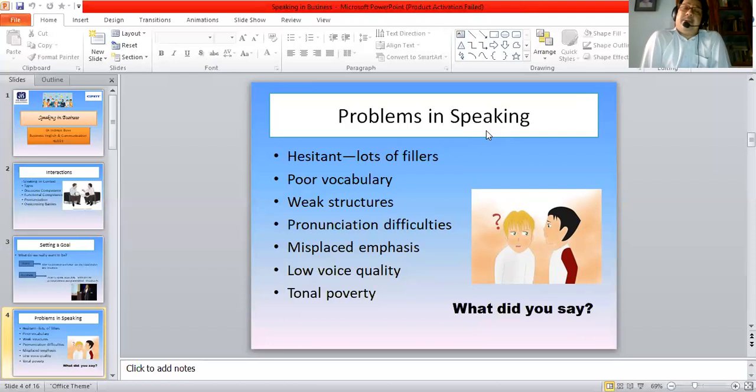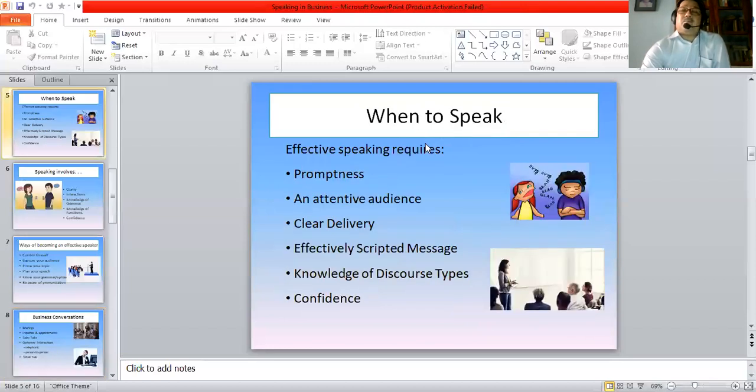The first step to overcoming these problems, of course, is to try and be conscious that you are making these mistakes, or admit to yourself that you are making these mistakes.